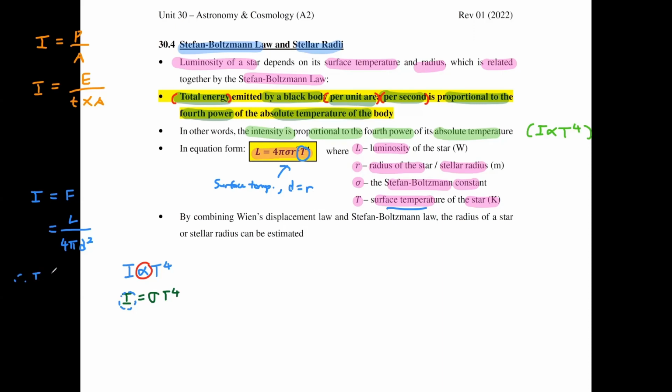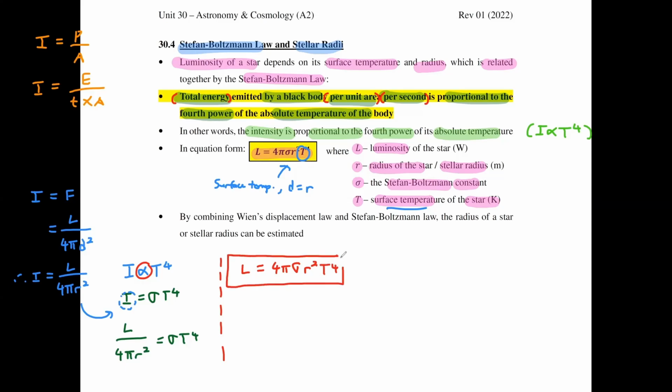Therefore, your I is L over 4 pi R squared, which you then want to substitute inside here. So now you get L over 4 pi R squared equals to sigma T power 4. And then if you try to simplify it, making L the subject, you get L equals to 4 pi sigma R squared T power 4. That's how you got the Stefan-Boltzmann equation here.